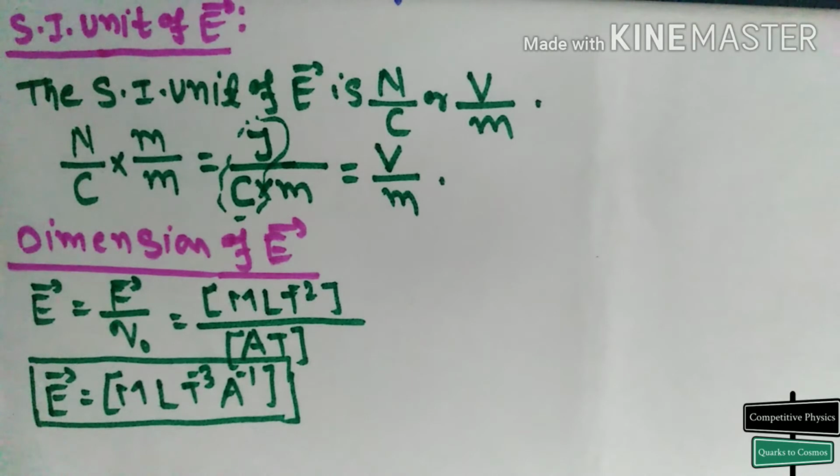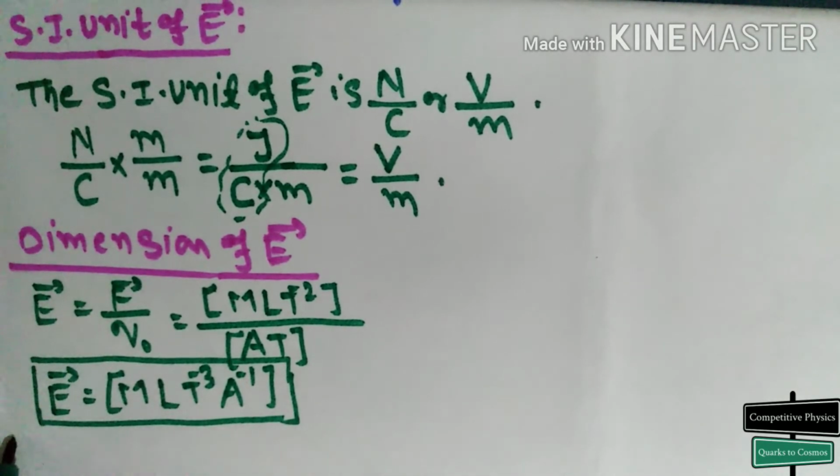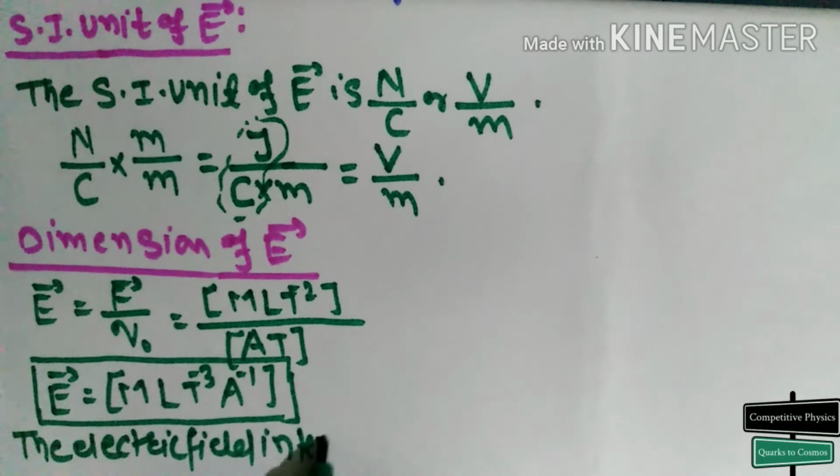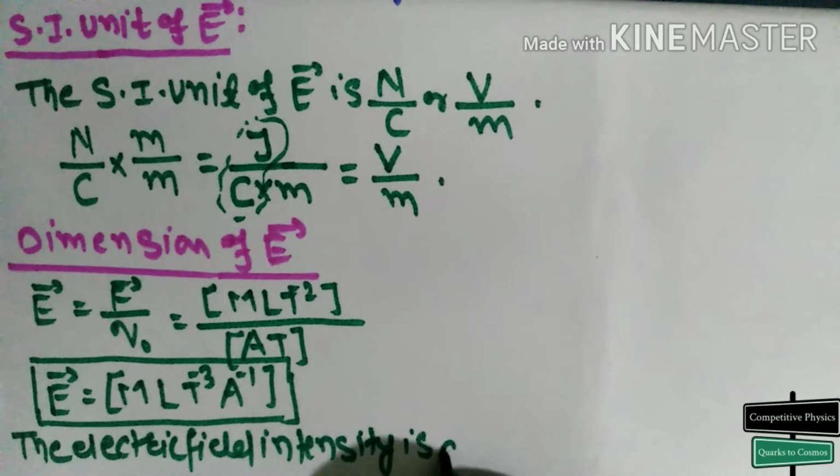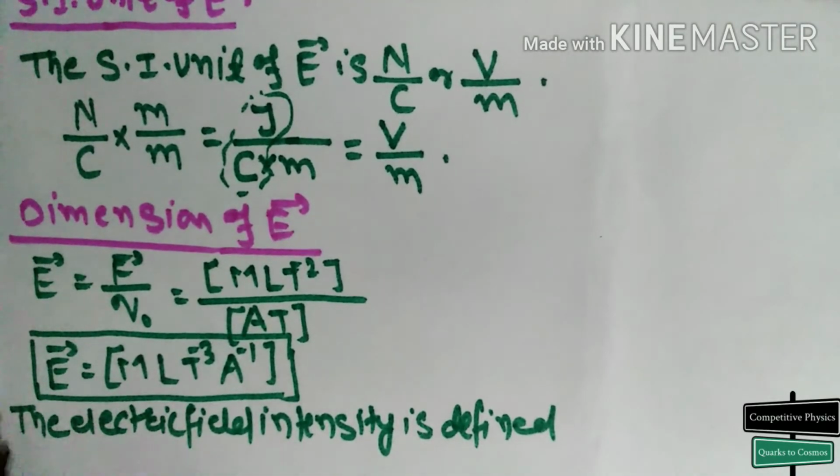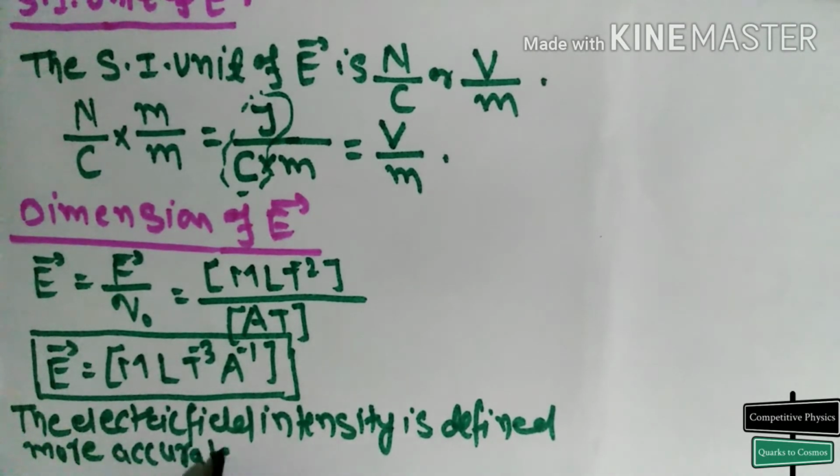So let me write that: the electric field intensity is defined more accurately as the test charge Q naught tends to 0.